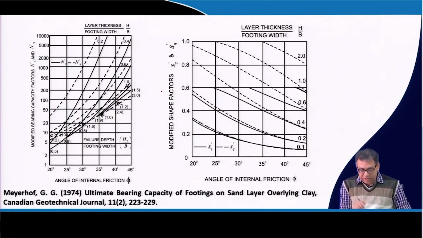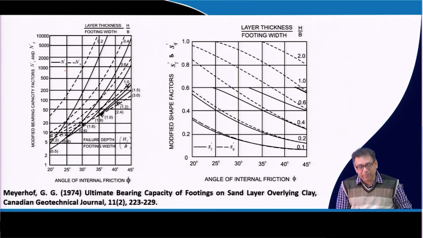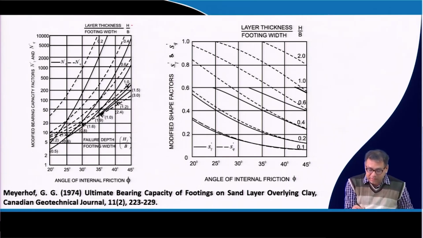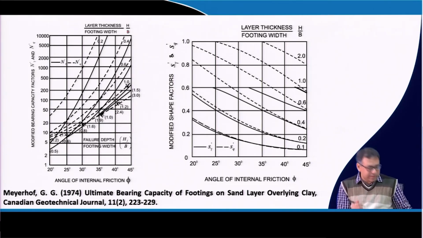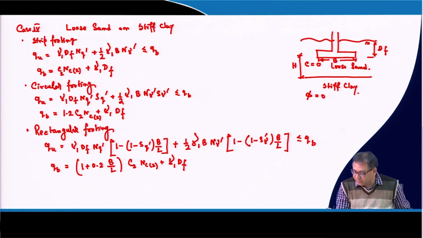These two charts will give you the bearing capacity factor as well as the shape factor. For example, see this dotted line is given for n q dash and the firm line is given for n gamma dash. So, these are the values of h by b, where h is the thickness and b is the width of the foundation.